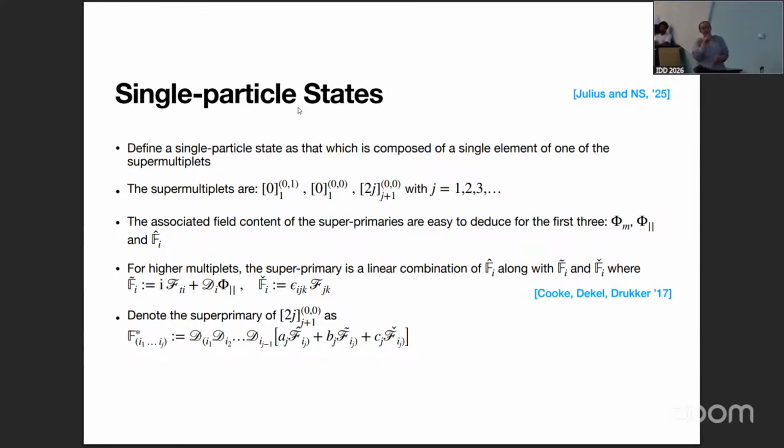This is just the raw quantum numbers, and we want to see from which fields they are made. For the first operator, as you saw, it's phi m. Then the next one is phi parallel, the first long multiplet. And for the next one, you can also see the exact form, this F hat, which is derived in this paper.